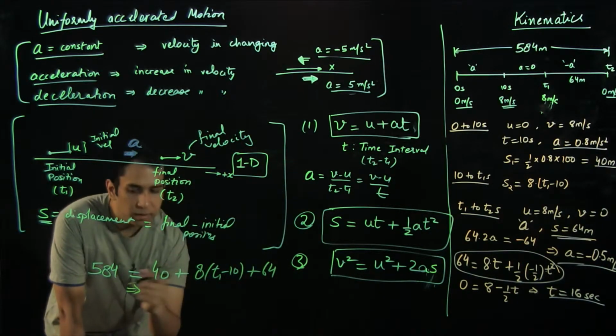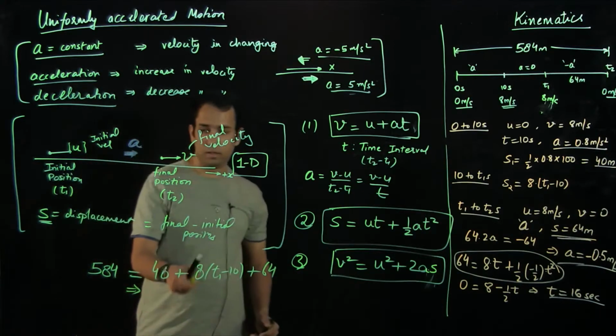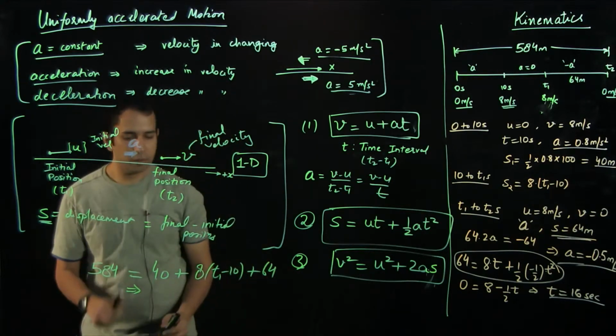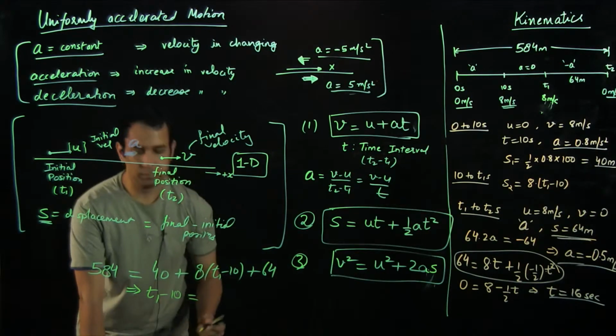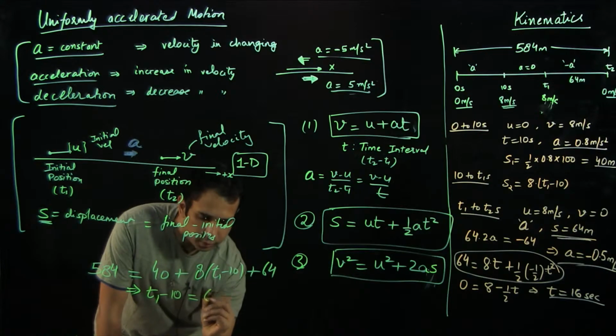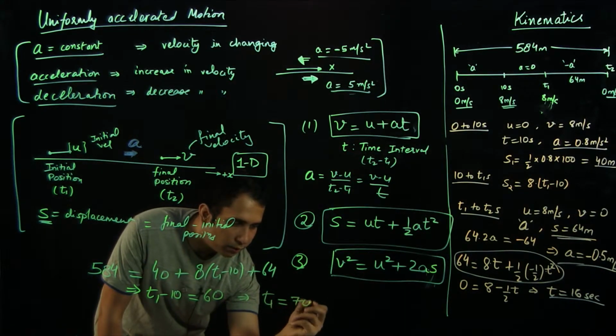So this is 104, so this is 480, so this gives me t1 minus 10 is equal to 60, so this gives us t1 equal to 70 seconds.